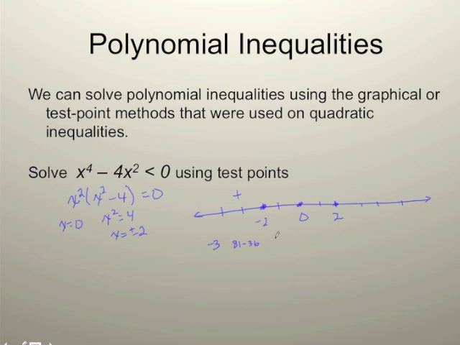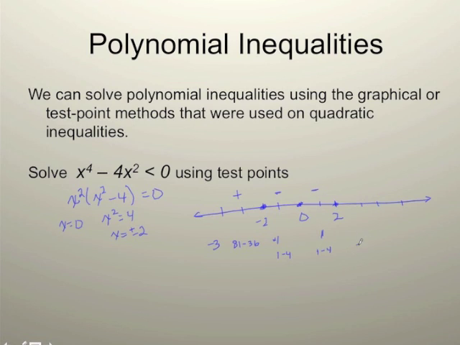Testing negative 1, I'll have 1 minus 4, so that will be negative. Testing the point 1, I will have again 1 minus 4, so that will be negative.